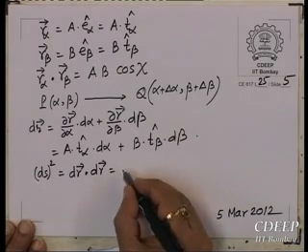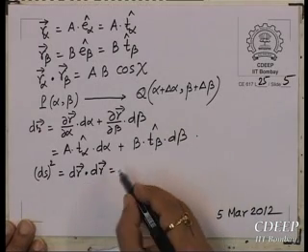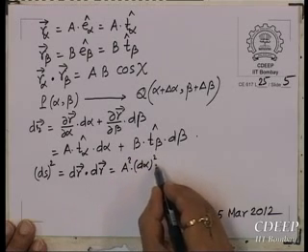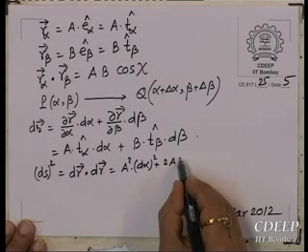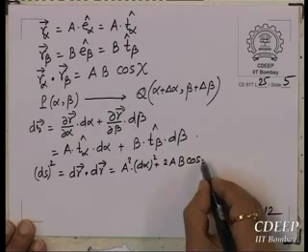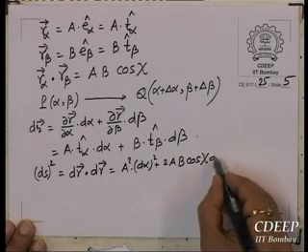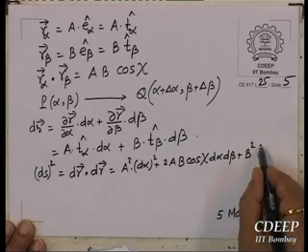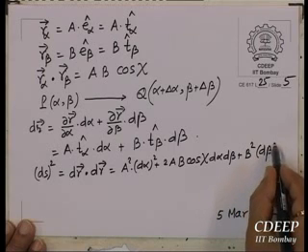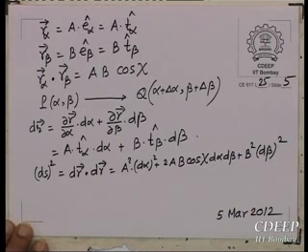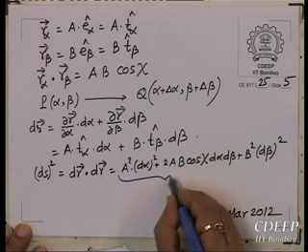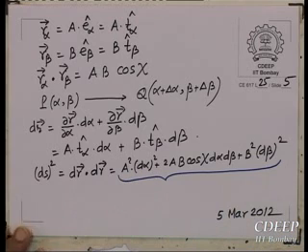So therefore if you do dr dot dr, you are getting A square d alpha square, plus 2AB cos kappa into d alpha d beta, plus B square d beta square, which is the dot product. So this is a very important thing, because now we have got a formula which can give you an arc length on the surface.